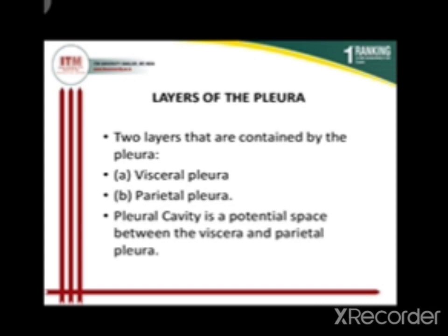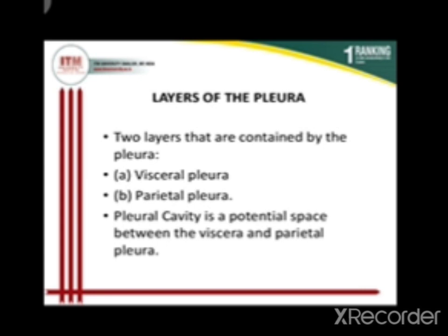the layers of pleura. There are two layers of pleura, that is the visceral pleura and the parietal pleura. The pleural cavity is a potential space between the visceral and parietal pleura.